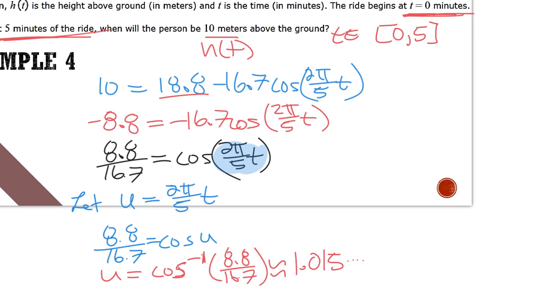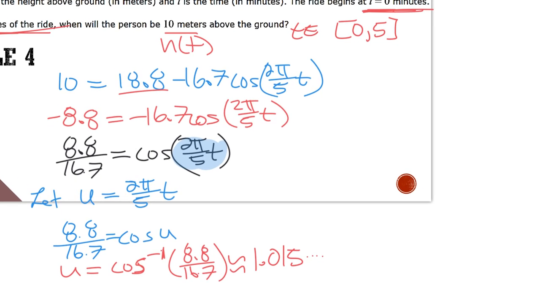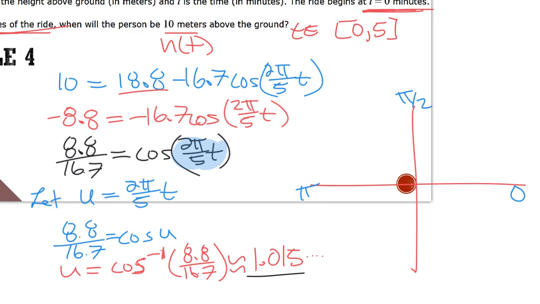What we have to do is think about u as representing an angle on the unit circle. So if I draw a circle, at radians from 0 to pi back to 2 pi, remember, this is pi over 2. Remember, pi is 3.14, and this is in radians. There's no degrees.